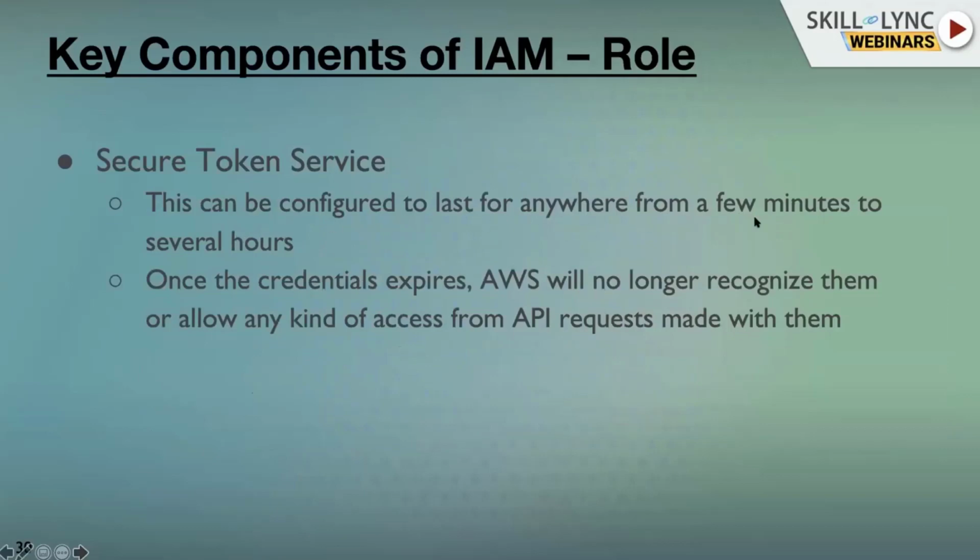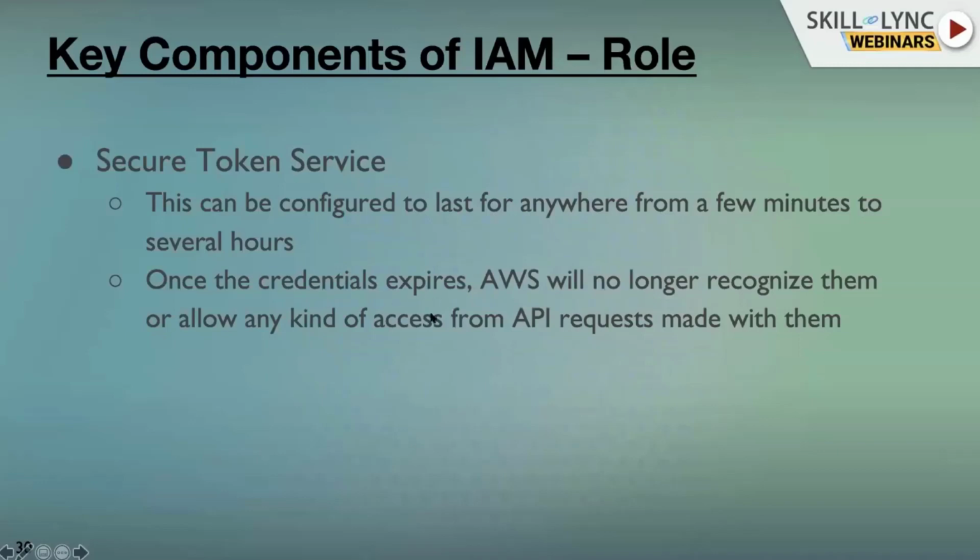Now it generates a key. What we understand is that an IAM role generates temporary keys. This key can be configured for any duration, as low as 15 minutes or for hours. Say I want to give access for 3 hours, I want to generate credentials that can be accessible for 3 hours. You can do that as well.